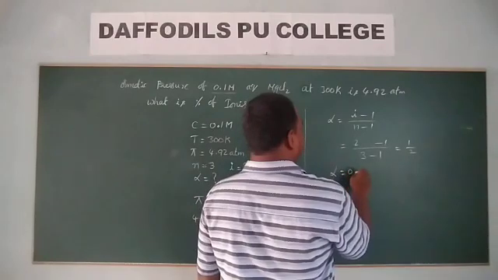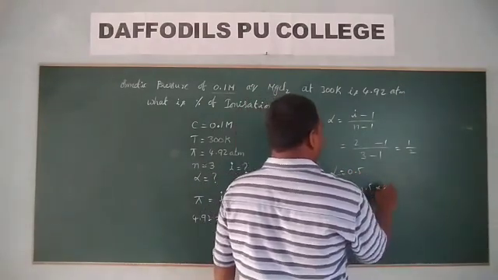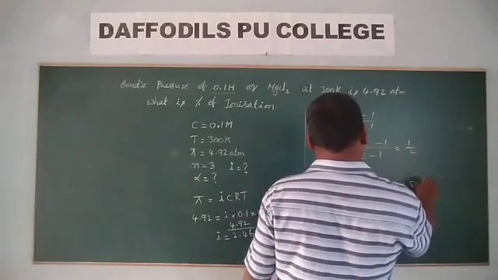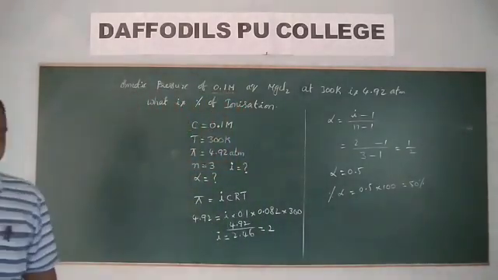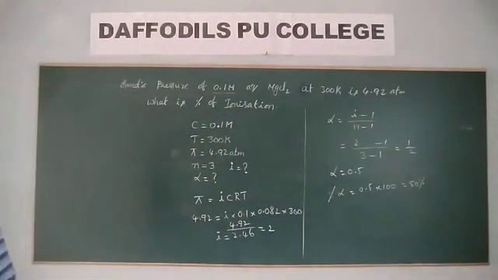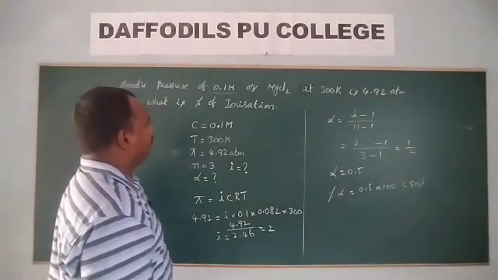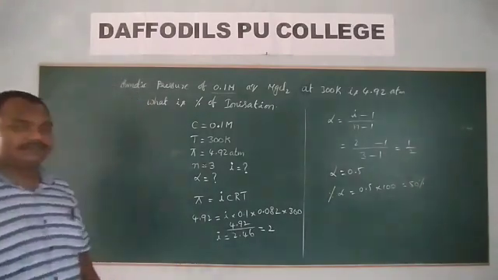So alpha comes as 0.5. Percentage of alpha is equal to 0.5 into 100, which comes as 50%. So how much of this magnesium chloride is undergoing ionization? 50% is undergoing ionization.